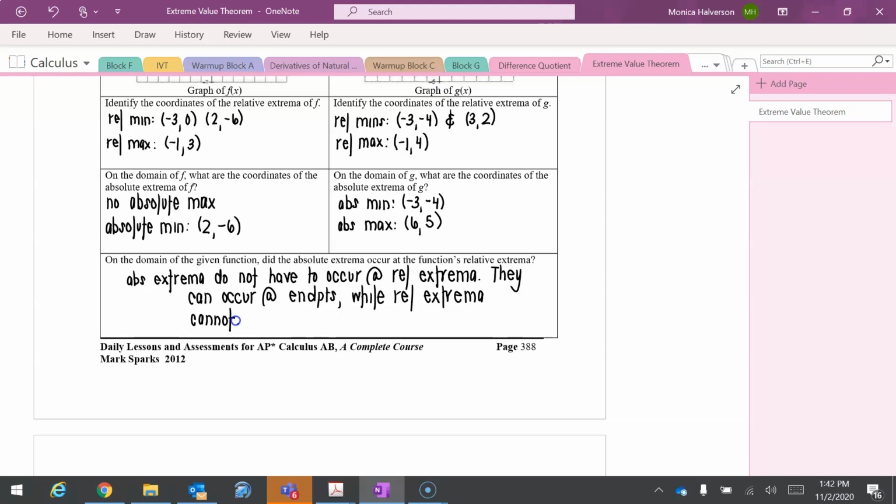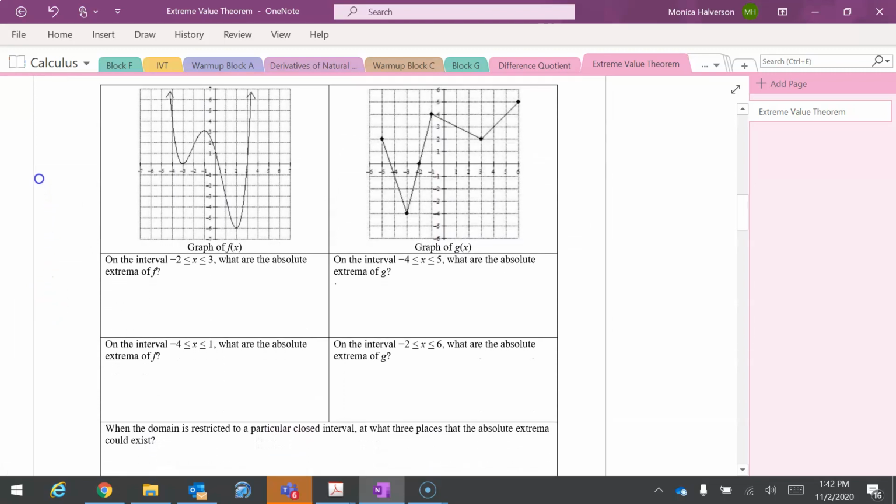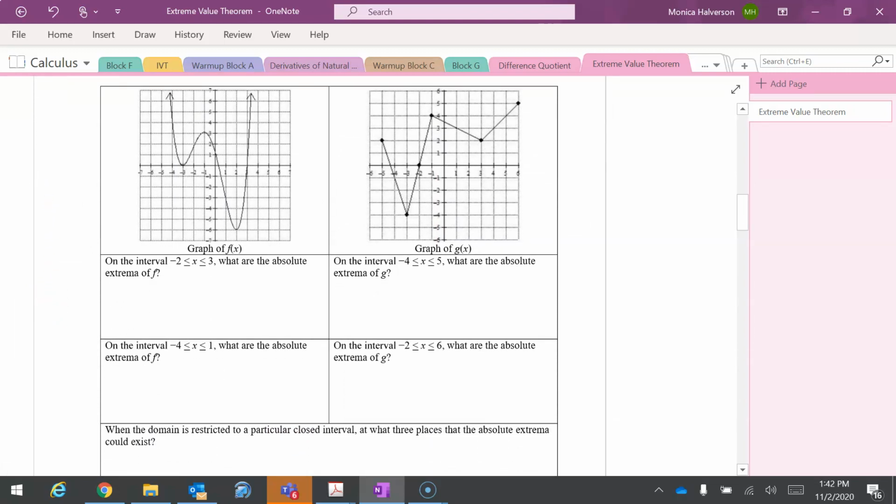All right? So let's look at another example. Let's look at the graph of f of x. On the interval from -2 to 3, what are the absolute extrema? Well, once again, we have an absolute min at (2, -6). Do we have an absolute max? Nope. No absolute max. It goes on forever, okay? Now, oh, let me take that back because now I see that they specifically told us a certain interval.